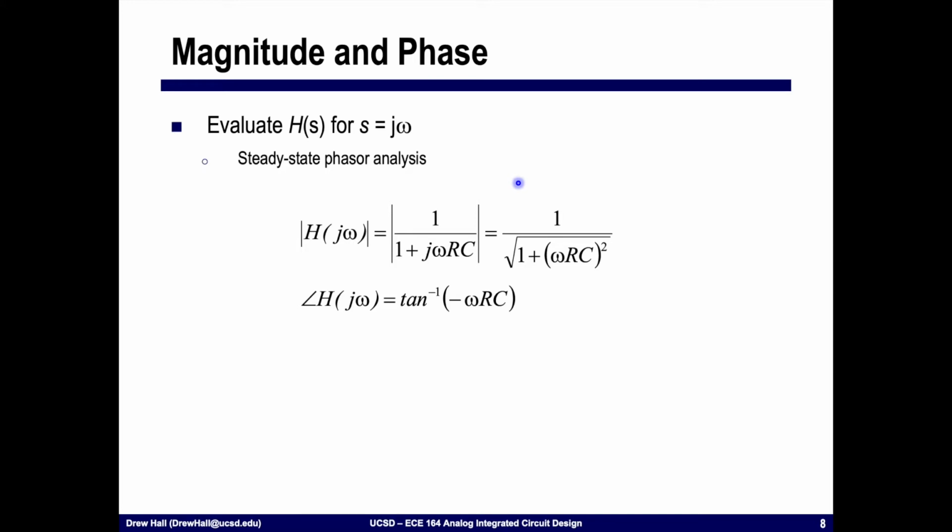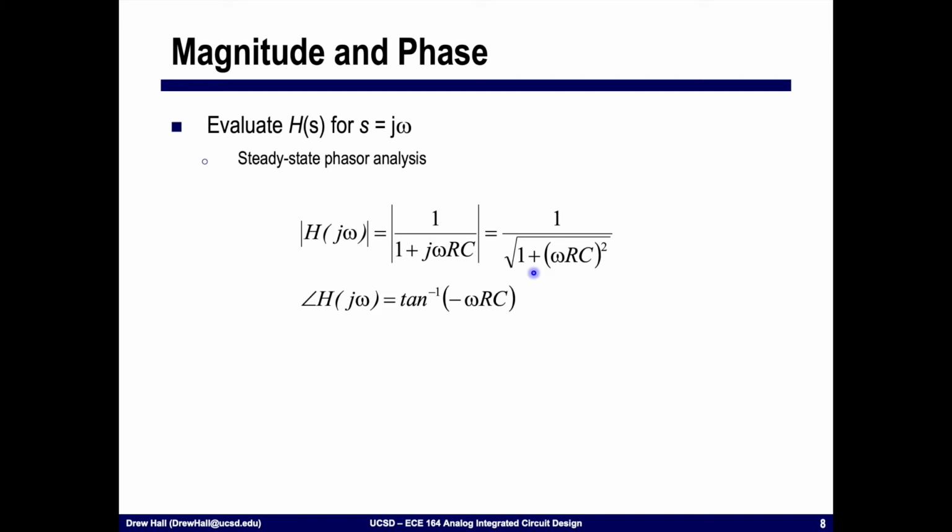All right, so now if I wanted to consider the magnitude and the phase of this, I would evaluate H(S) at S equal to j omega. This would give me the steady state phasor response of the circuit, where if I take the magnitude, I would mathematically get 1 divided by the square root of 1 plus (omega RC) squared.